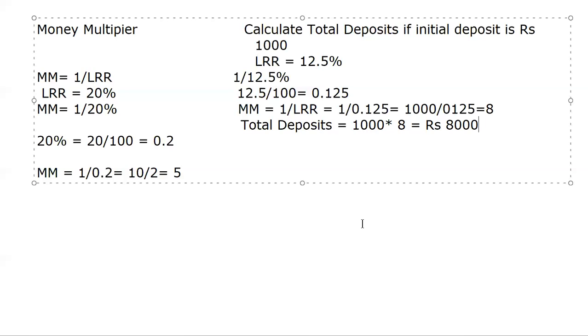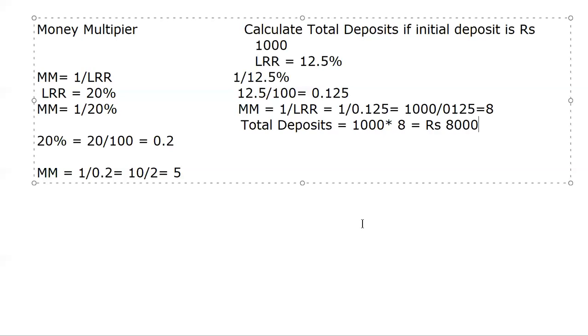Higher the value of LRR, lower is the value of money multiplier, and less money is created by the banking system. Got it? So please keep it in mind. Commercial banks lend money mainly to the investors, and the rise in the investment in the economy leads to the rise in the national income through this multiplier effect. We'll discuss some more examples for the money multiplier.